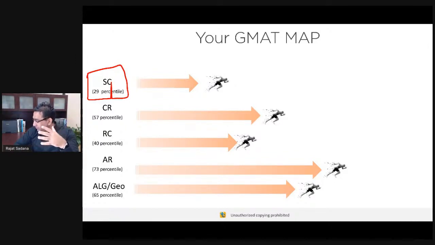Type yes if you know this, type no if you don't. Okay, let's get a few more responses. All right, many of you seem to know this. That's good.